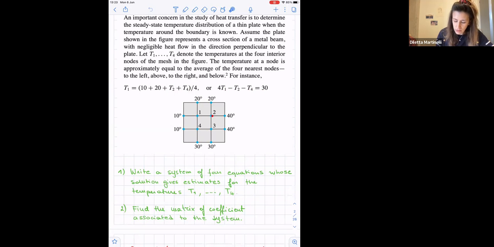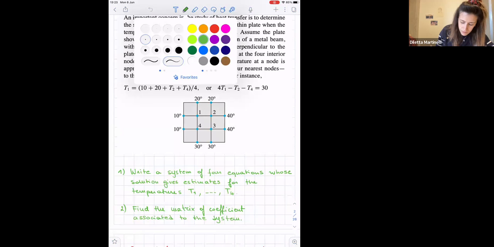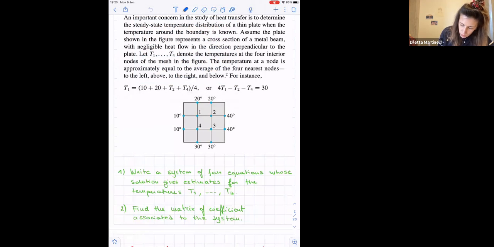So let's try to do T2. T2 is equal to T1, right, plus 20 plus 40 plus T3, divided by 4.